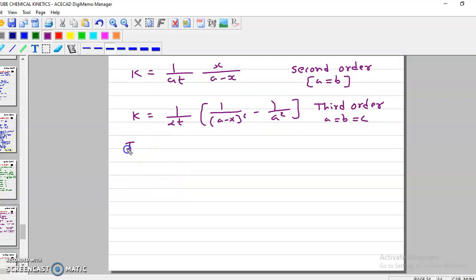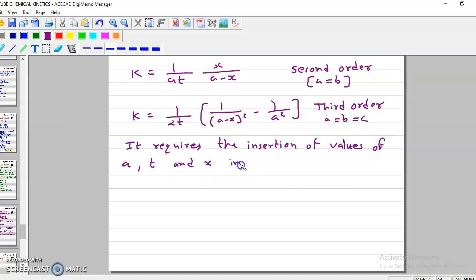What we should do? It requires the insertion of values of A, T and X in above equations one by one, in order.